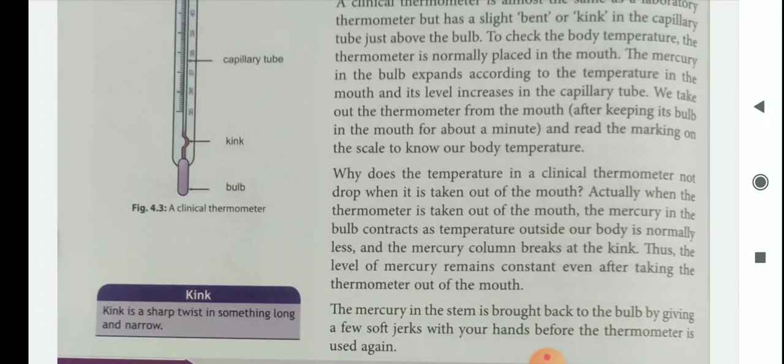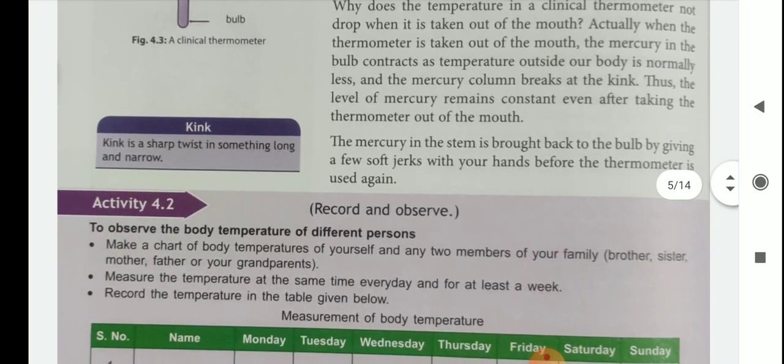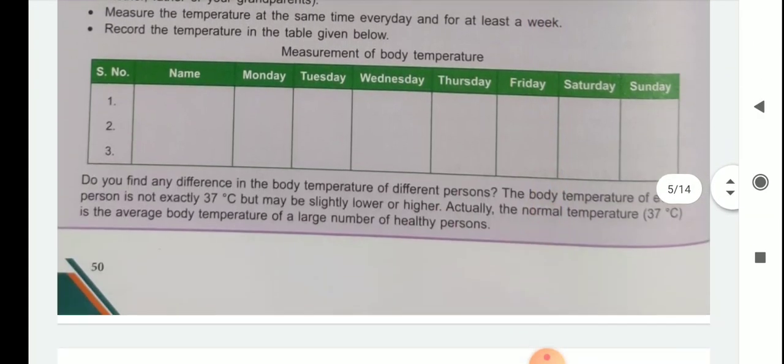Thus, the level of mercury remains constant even after taking the thermometer out of the mouth. The mercury in the stem is brought back to the bulb by giving a few soft jerks with our hands before the thermometer is used again. Okay.